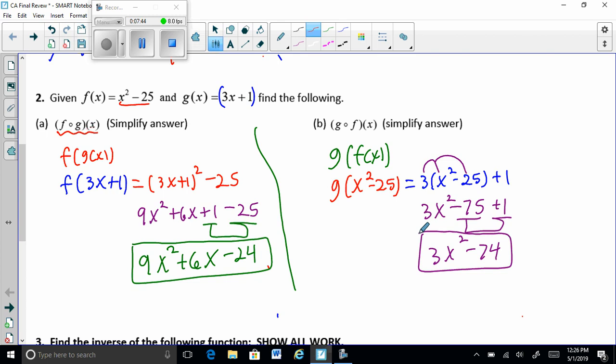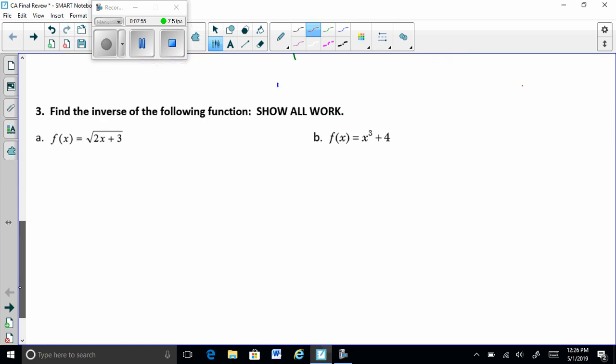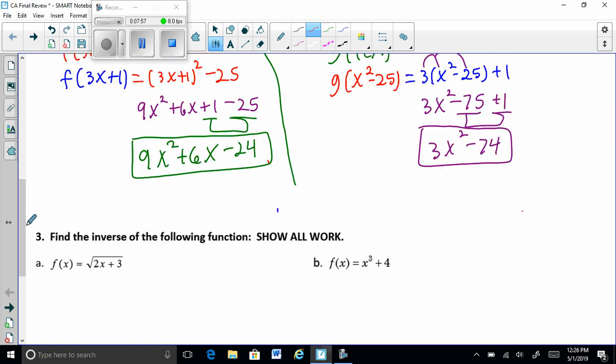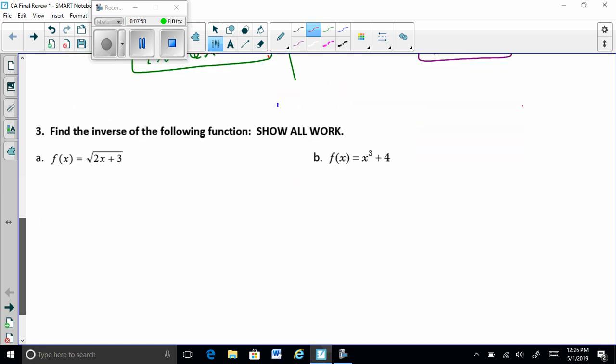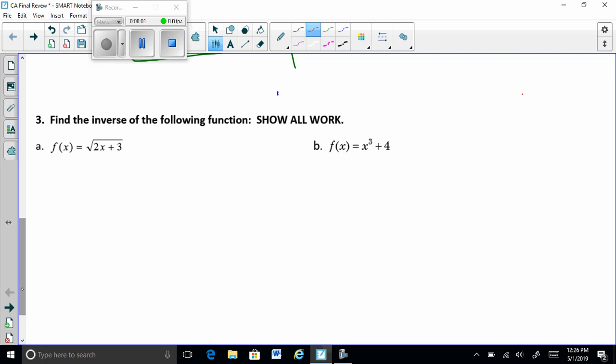Okay, something we looked at after this, back in our early units, was inverse functions. And so that's what we're going to look at next. Okay. Once again, if you look back in the notes, you'll find a detailed explanation on how to approach all this stuff. So first thing, the first step would be to change that to a y.